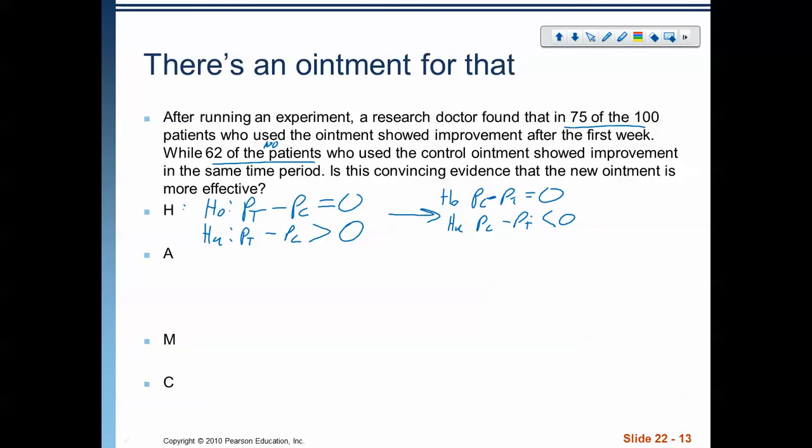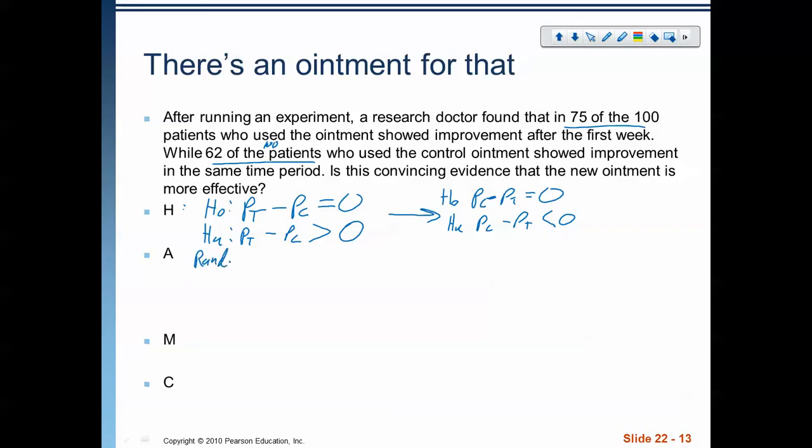Because if this is bigger, then that's going to make this difference a negative number. Either of these hypotheses work. However, we typically stick with what we have here. But like on the AP test, if you did either of these, you would be fine. You would just have to make sure that your mechanics and your conclusion followed from your hypothesis correctly.